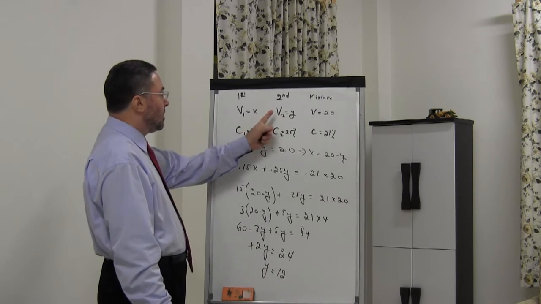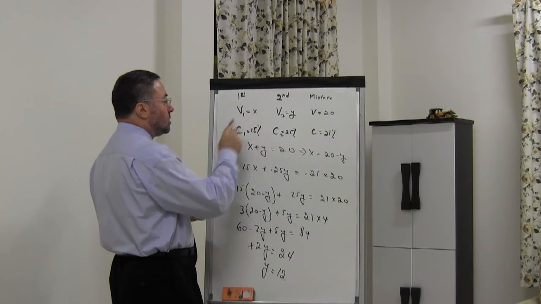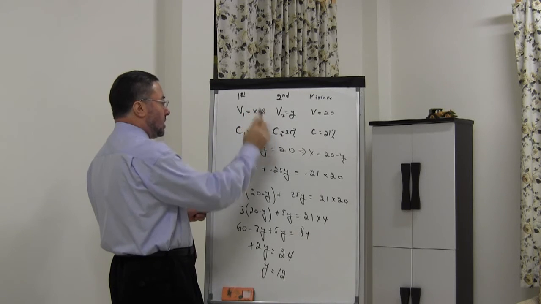So we need 12 gallons of this, and since the total is 20, x equals 8.